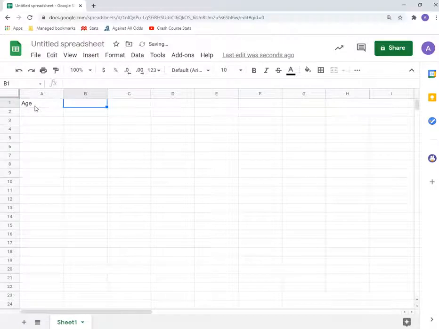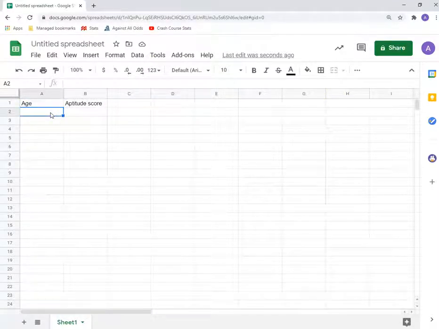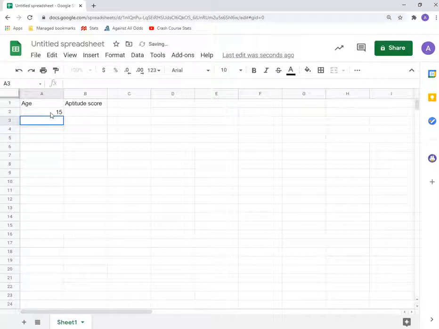So we're doing age, aptitude score. Okay. Where are my numbers? So our first age, 15, oops, not 36.